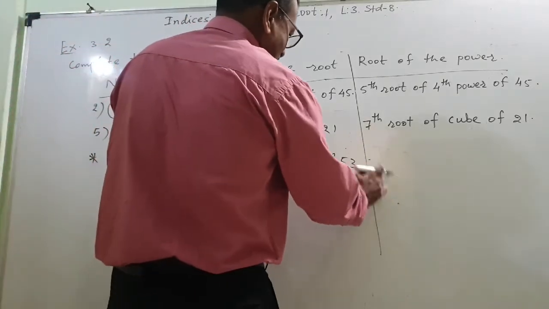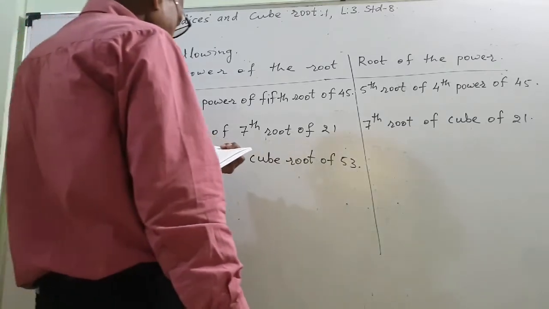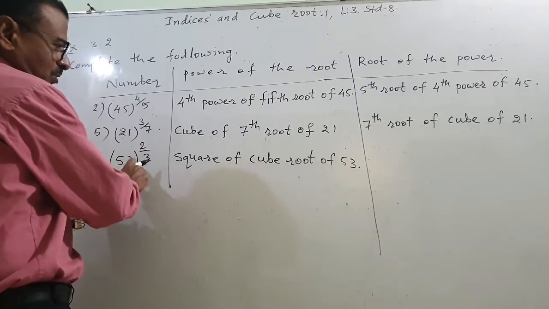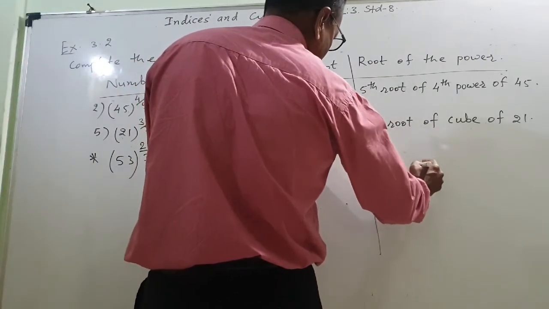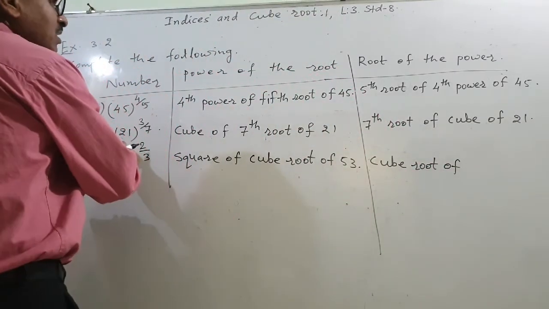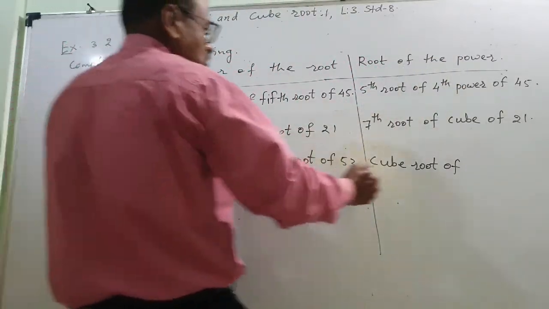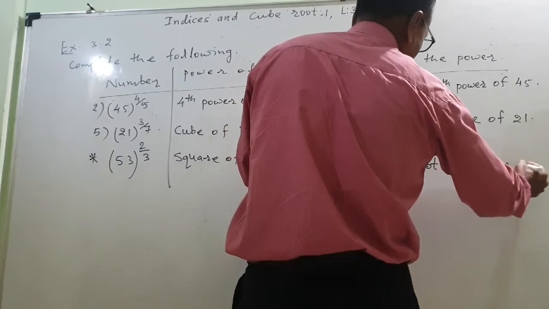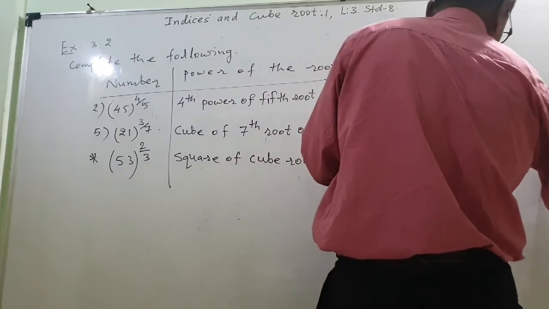And in the examination I am going to ask you such questions where all of you will go wrong. Then the root of. Which root? Cube root. Third root means the cube root. You have to write specifically. Cube root of. Which power? Cube root of the power. Power is what? 2. Square. Cube root of square of, what is that number? 53.